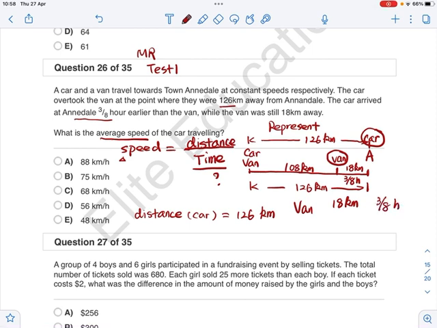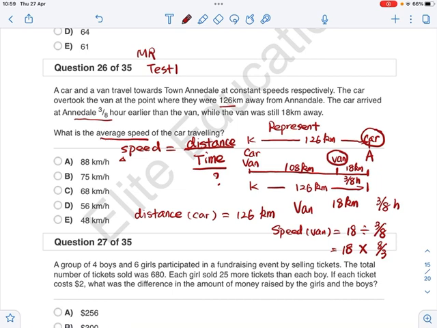So, coming back to the same formula, the first thing we can get is the speed of the van. That is going to be 18 divided by 3/8. By using division of fractions, if the student still remembers, we use KFC: keep, flip, and change.